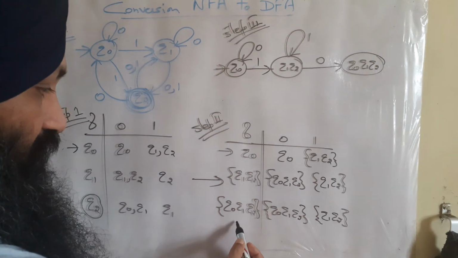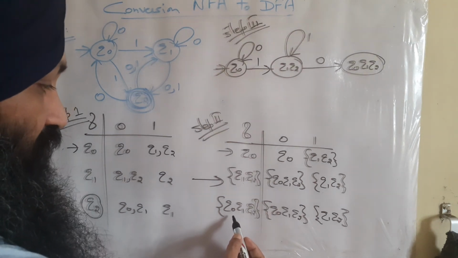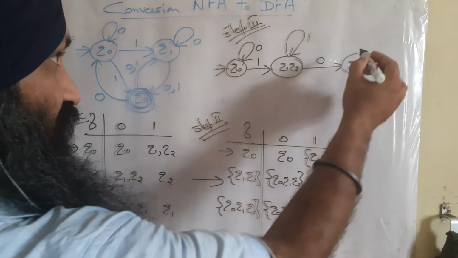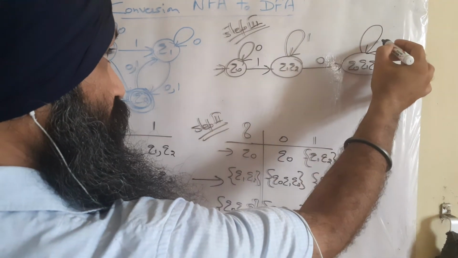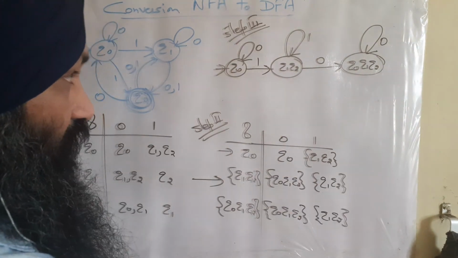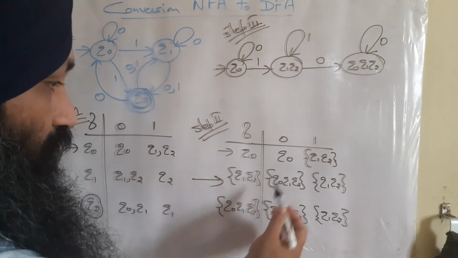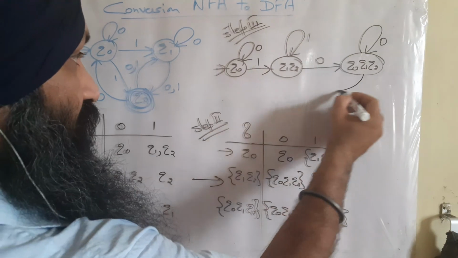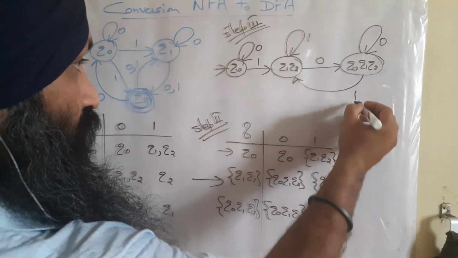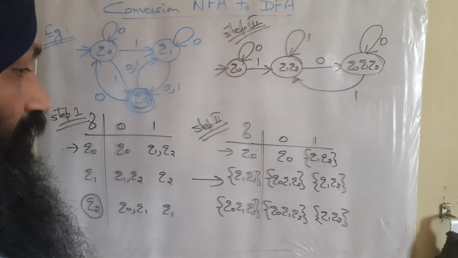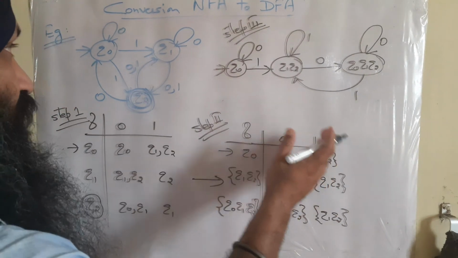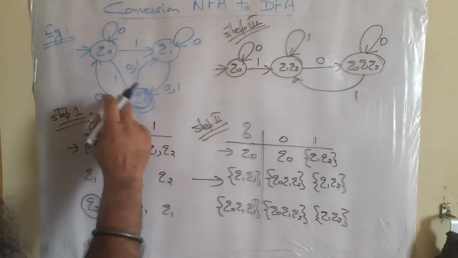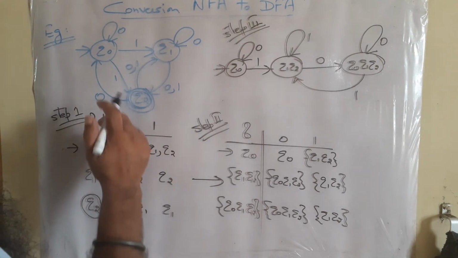Now the last state, Q0 Q1 Q2, with respect to 0 remains at the same state, so we are drawing a self loop here, but with respect to 1 it moves back towards the state Q1 Q2. So this is the DFA corresponding to the given question, where we had multiple transitions corresponding to only one input symbol.